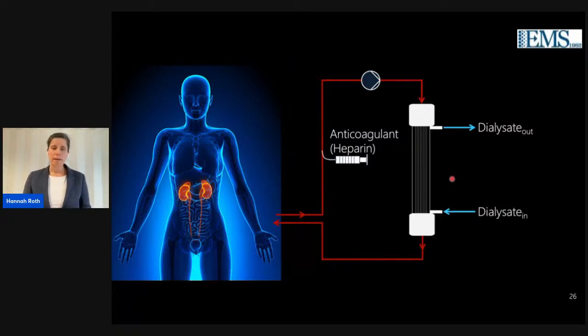And there are patients that are intolerant to heparin, but also for the patients that can tolerate heparin, these high doses of heparin can lead to additional complications, and they have to stay longer during the treatment until there's less heparin in the body, so that they don't have the risk of going into a bleeding complication.